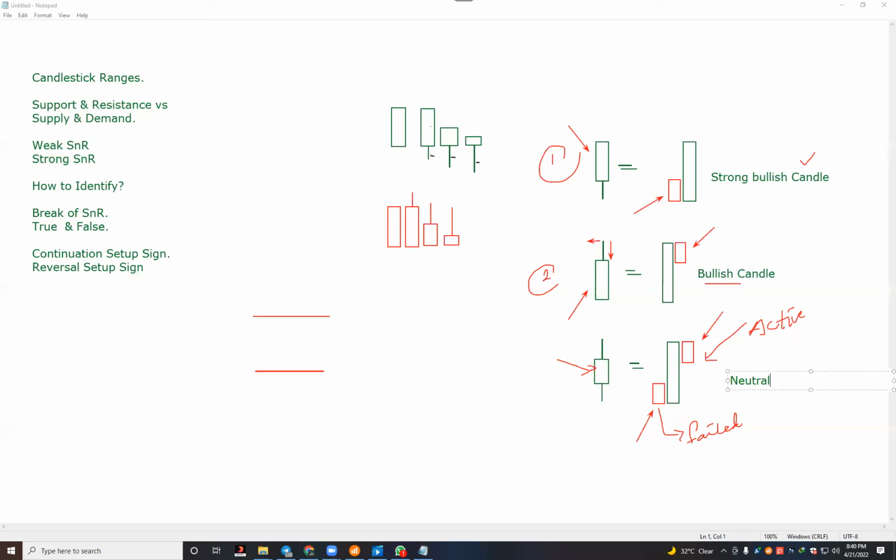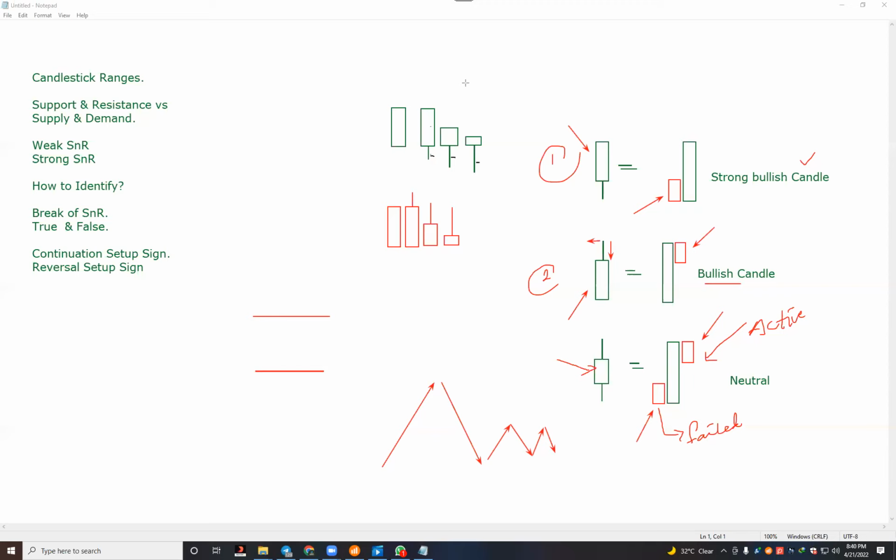Now, the function of the neutral will be different when you are in an uptrend, in a downtrend, or in a range. Keep in mind, everywhere the function of this candle is not the same.